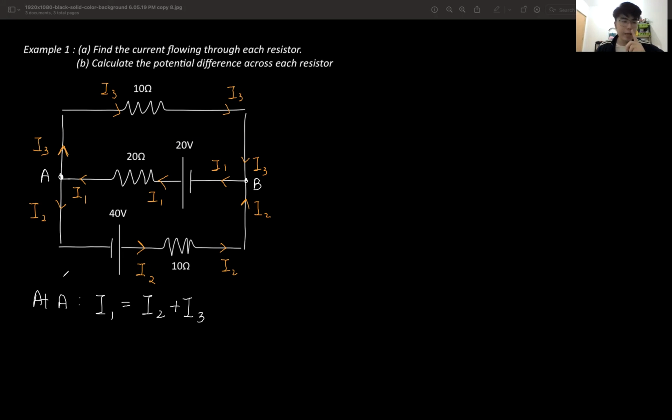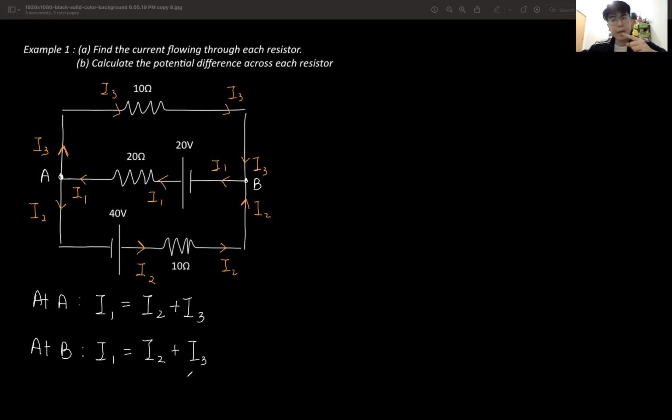Check at junction B. At B, can I write an expression? It's the same, right? I1 equals to I2 plus I3. So it's the same, then that means you have labeled correctly. Not the actual direction of the current, but at least it is correct distribution.